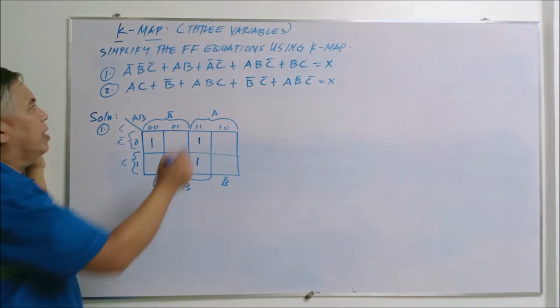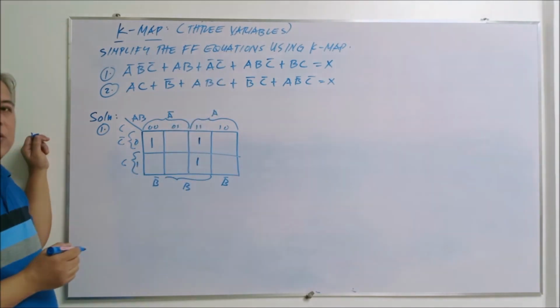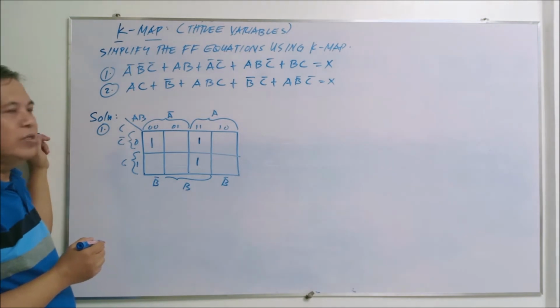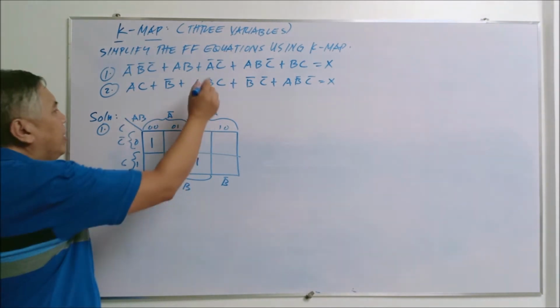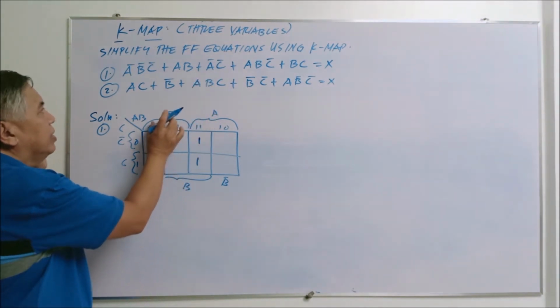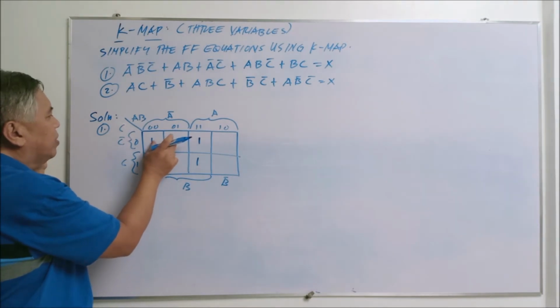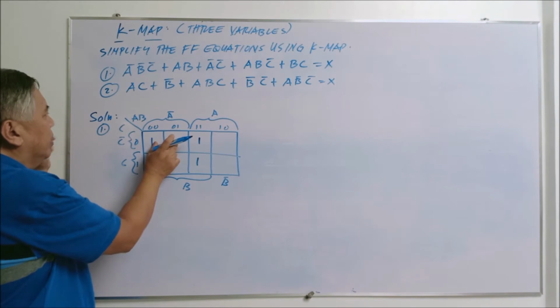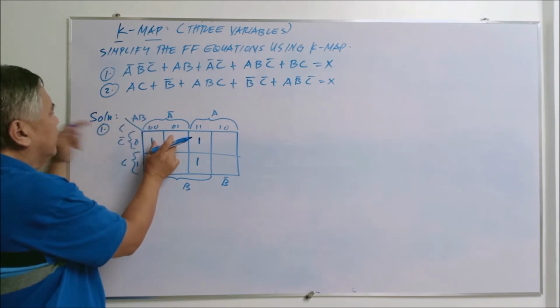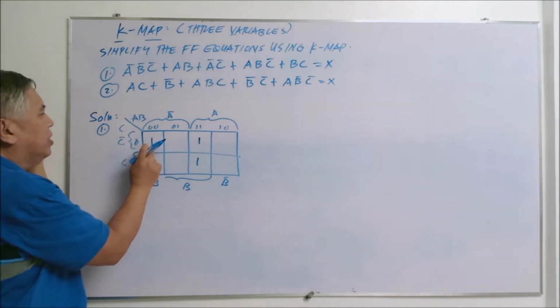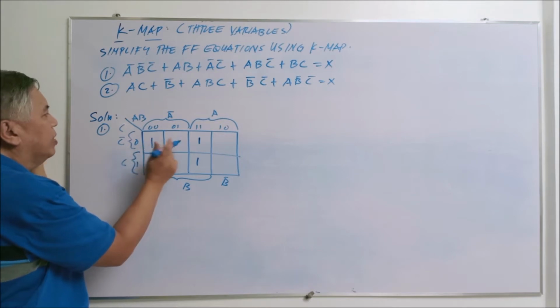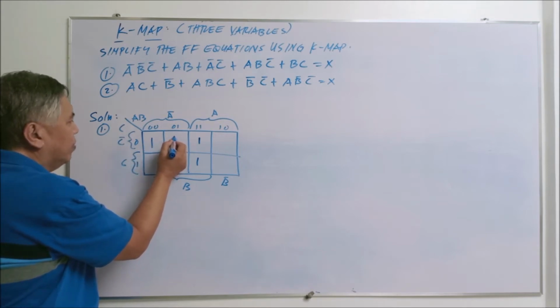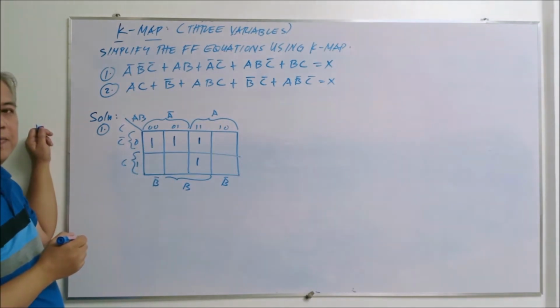And then you have A bar, C bar, 2-variable terms again, 2 adjacent cells. So you have A bar, this one here, and then C bar, like this one. These 2 adjacent cells. Okay? A bar, C bar. Now, since this one here has already a value of 1, so we just put a 1 on the other cell.